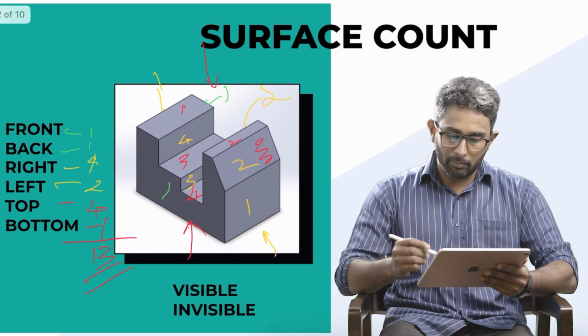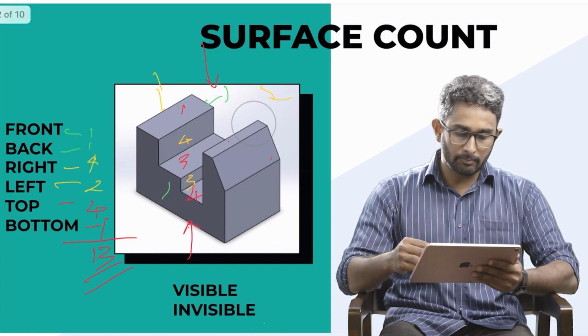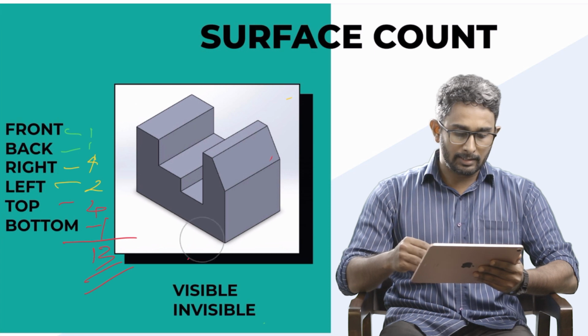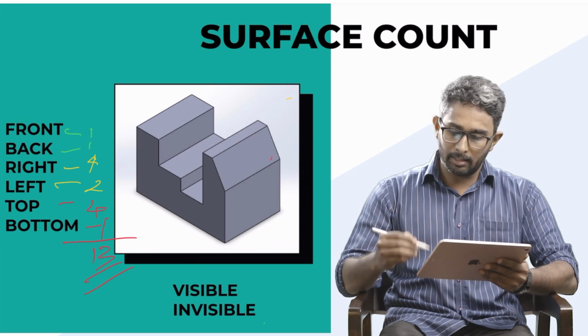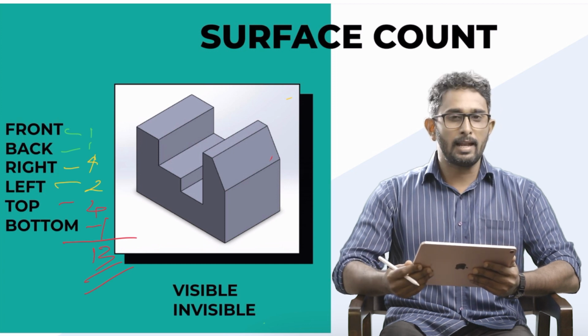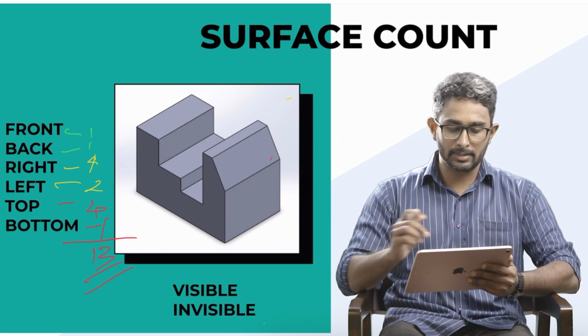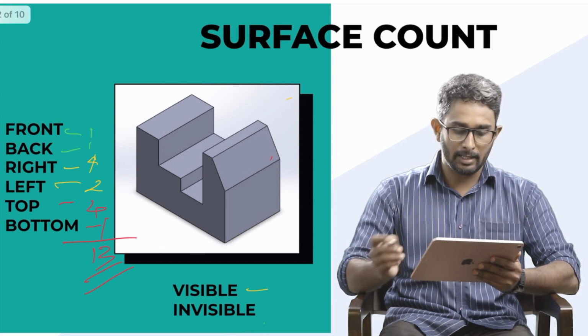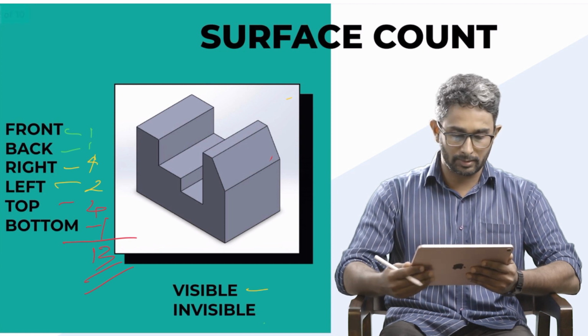Now I am moving to the second technique. In this technique, we are going to look at the visible and invisible surfaces present on this 3D figure. Let's check out the visible surfaces first.